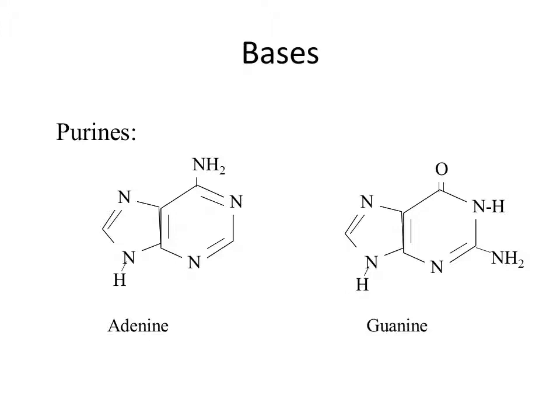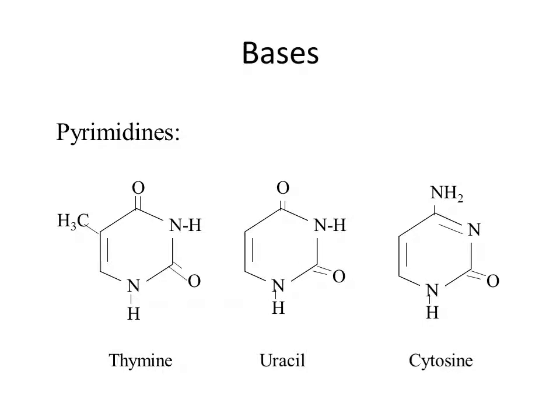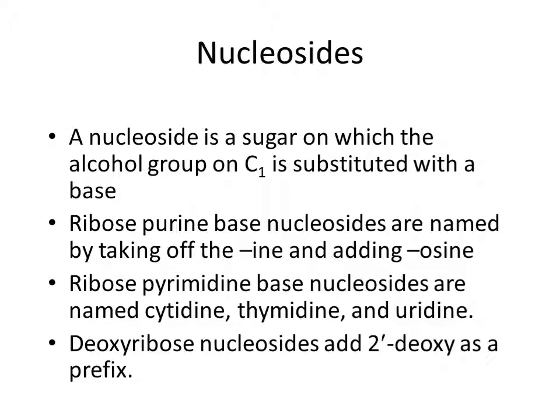Guanine has a carbonyl in it, and adenine does not. The pyrimidines are thymine, uracil, and cytosine, and they have this 6-membered ring with 2 nitrogens in it. And you can see they all have at least 1 carbonyl in them. Thymine and uracil have 2 carbonyls, and cytosine just has 1 carbonyl.